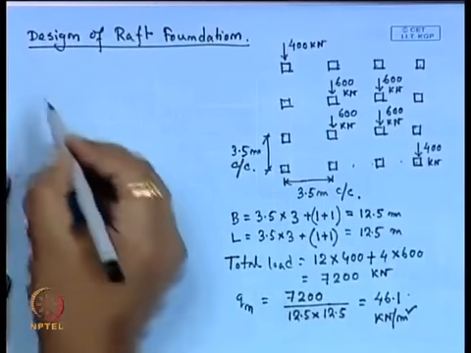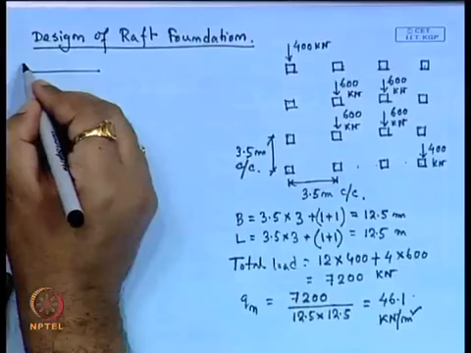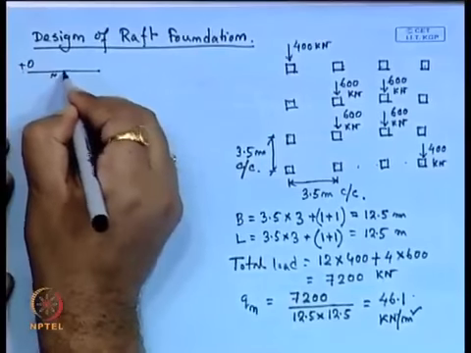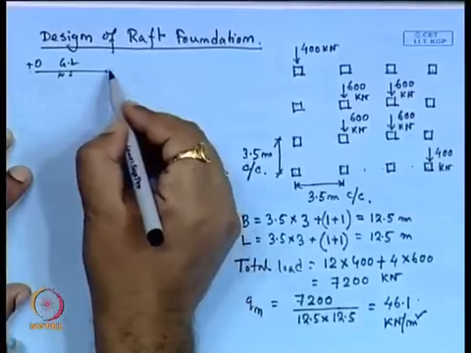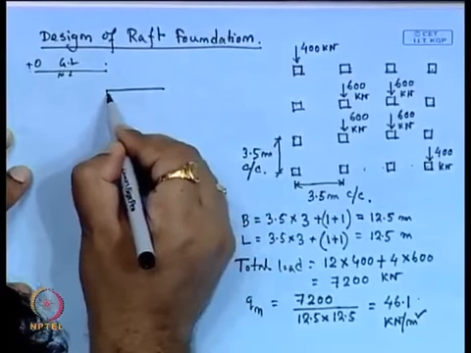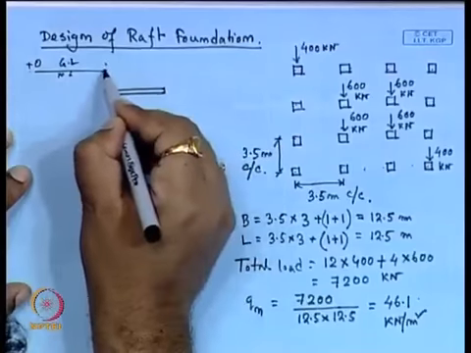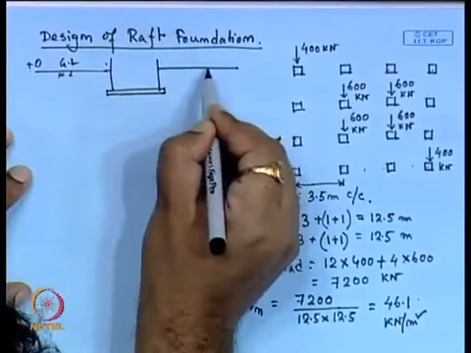Now, the soil condition. Suppose this is the 0 line, the ground line. These are the raft dimensions we are taking. This is the raft, this is the total area.